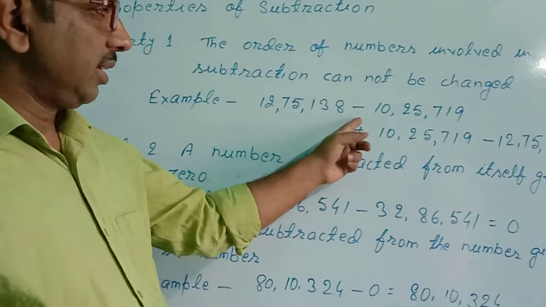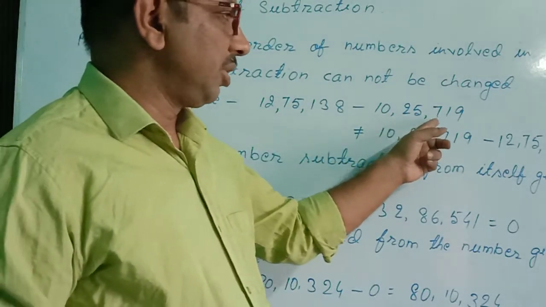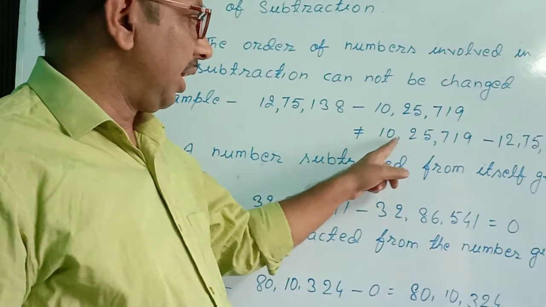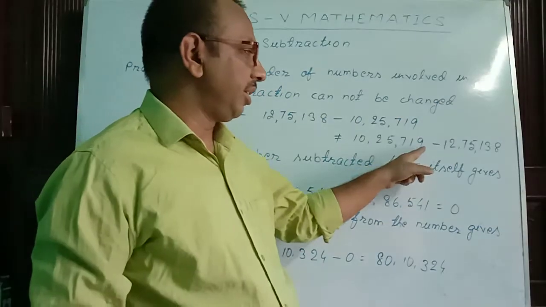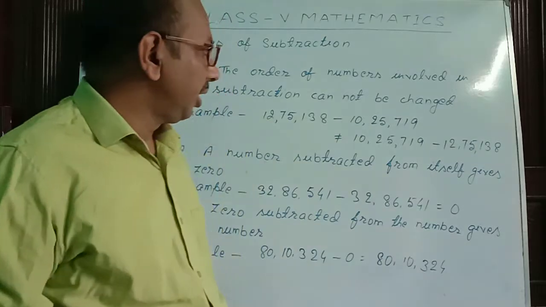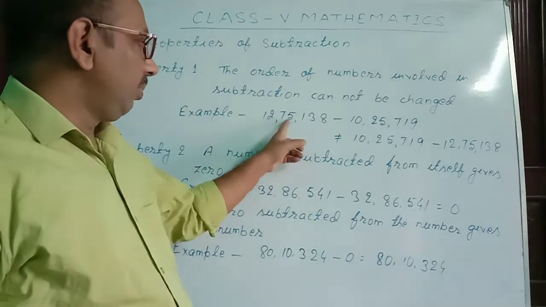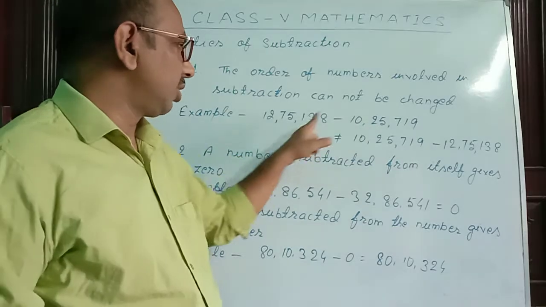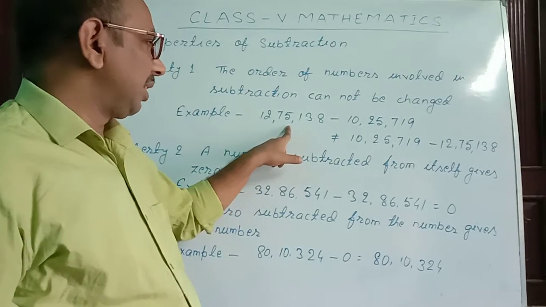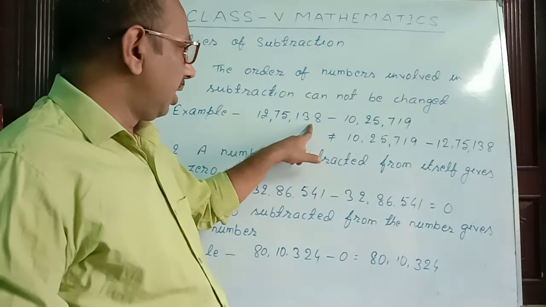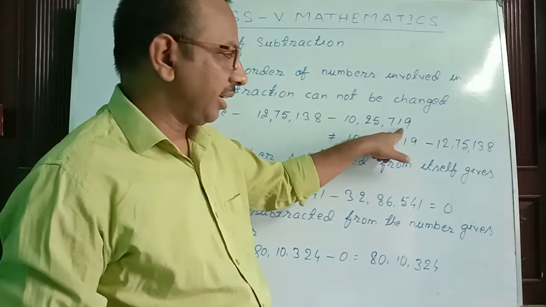12,75,138 minus 10,25,719 will not be equal to 10,25,719 minus 12,75,138. It means if you change the order, here in this part you are saying that 12,75,138 is coming at first, and from this number this much is subtracted.